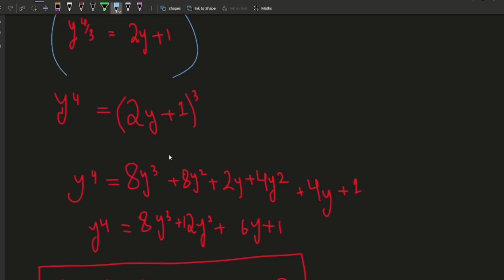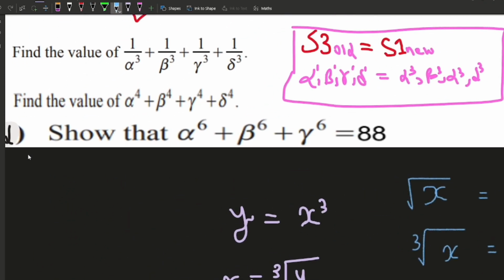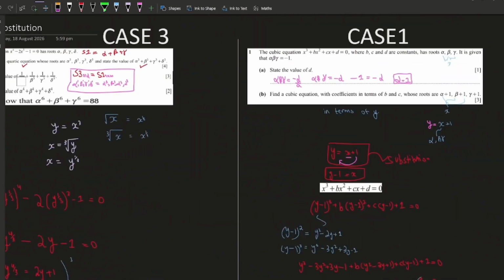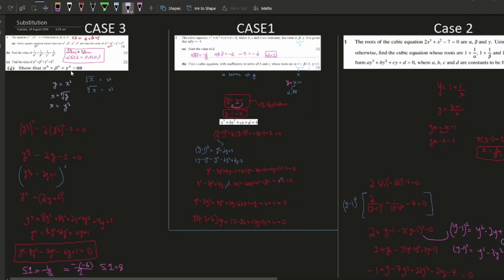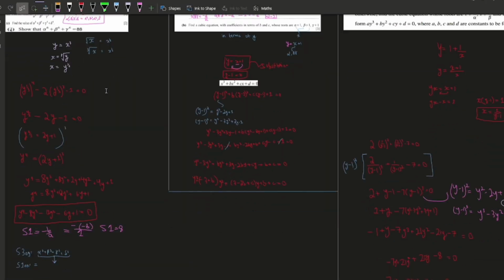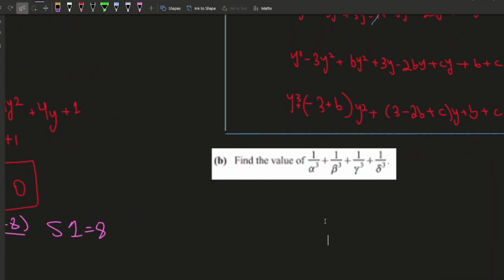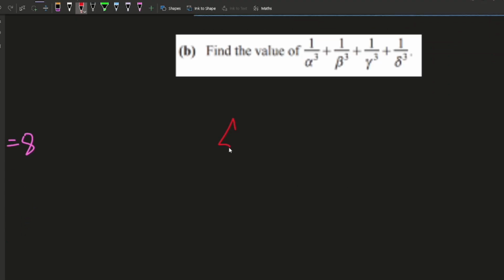Now we have to find the value of the inverse of the sum of inverse roots. Now part B. Part B is asking us to find the sum of inverse of roots that are cubed.